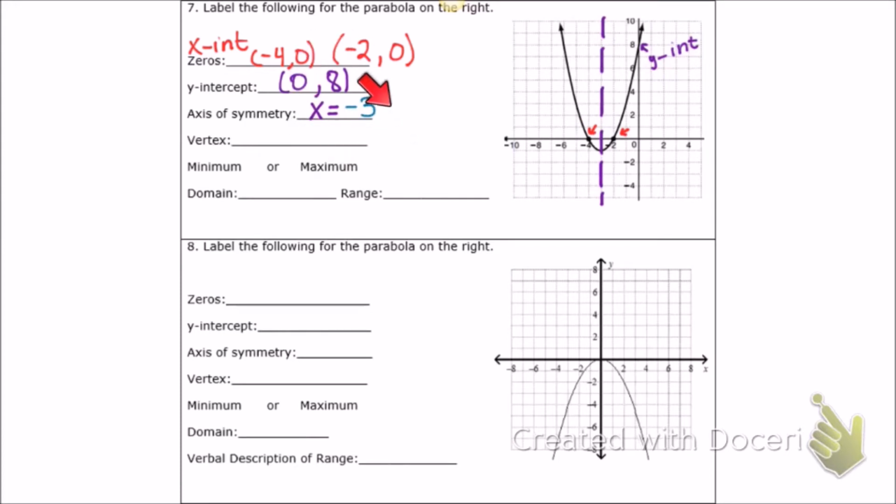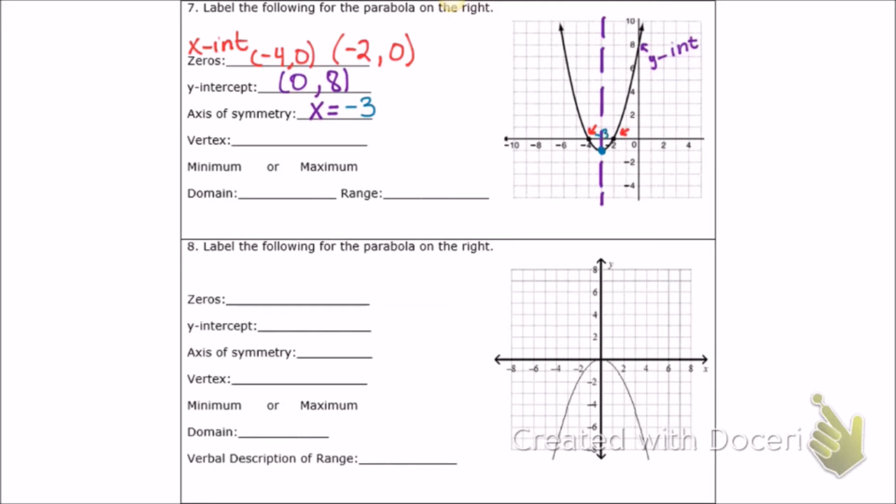And we can actually check this by looking at our vertex, okay? Remember that the vertex is the minimum or the maximum point of our parabola. So in this case, since my parabola is opening up, we're going to have a lowest point, which is this right here. And we need the actual ordered pair.